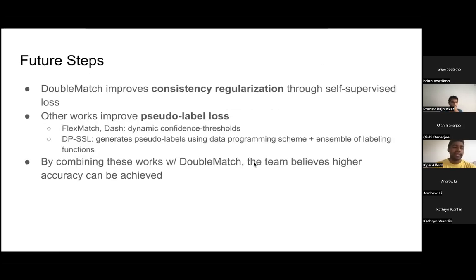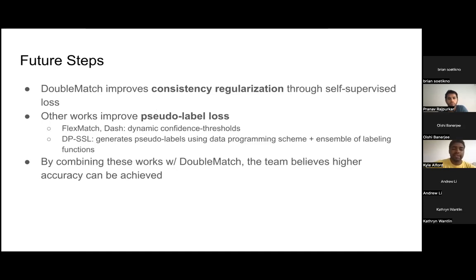And so the team basically stated that their future steps were, for DoubleMatch, they focused on improving the consistency regularization through the self-supervised loss. But in similar works, for example, from the first table comparing the similar works, these worked on improving the pseudo label loss.